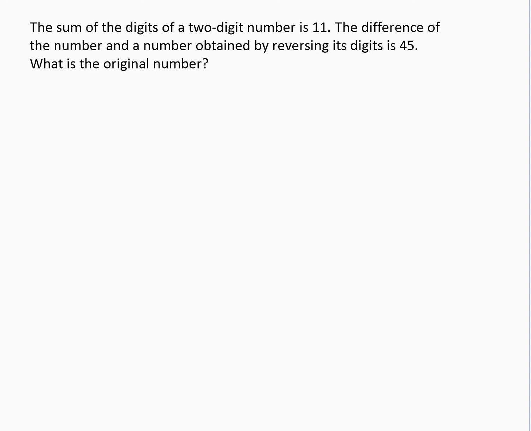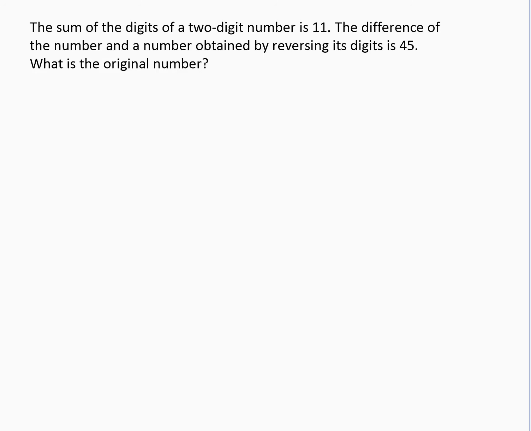The sum of the digits of a two-digit number is 11. The difference of the number and a number obtained by reversing its digits is 45. What is the original number? So really we're looking for a two-digit number, but the thing that makes this different is we're working with the digits.